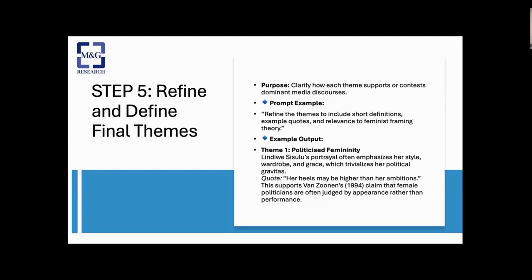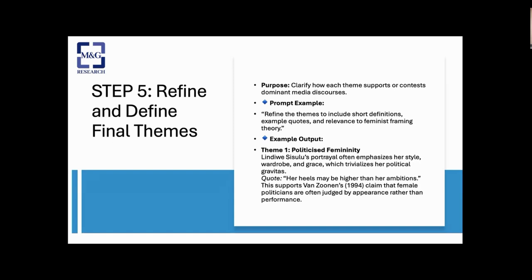Step 5, as we get closer to rounding up the thematic analysis, is to refine and define final themes. In this particular case, you're asking your generative AI to clarify how each theme supports or contests dominant media discourse.